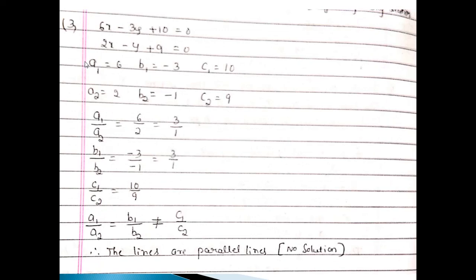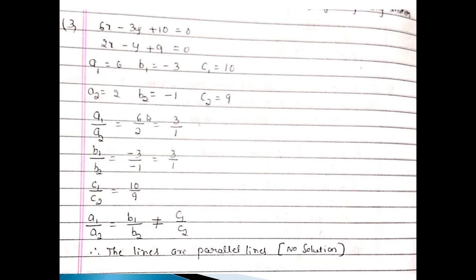Here also we have to identify the A1 value, B1 value, C1 value from A1x plus B1y plus C1 is equal to 0, and A2, B2 and C2 from the second equation. Here A2 is 2 and B2 is y means minus 1y. That's why B2 is minus 1 and C2 is plus 9.